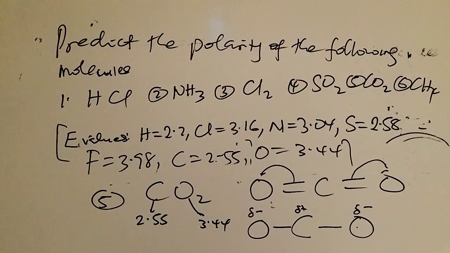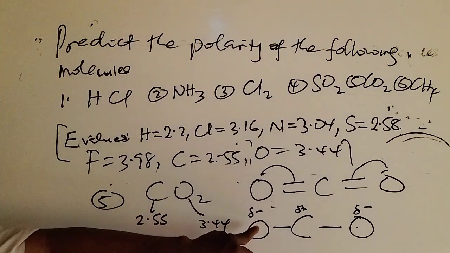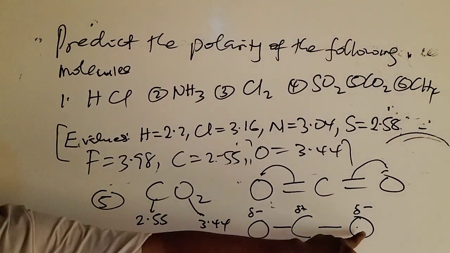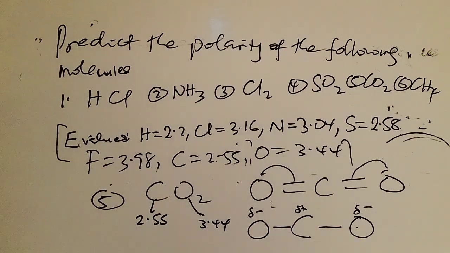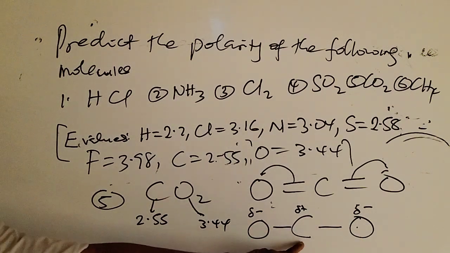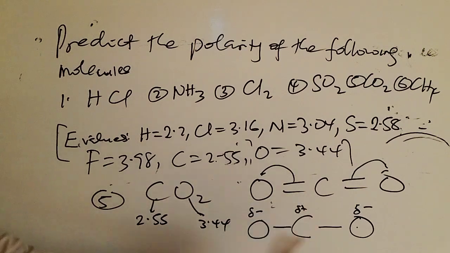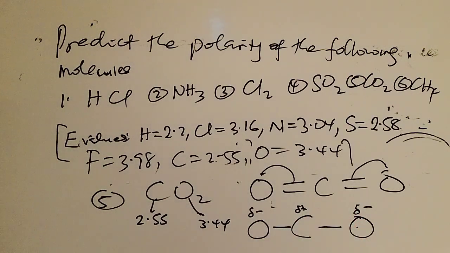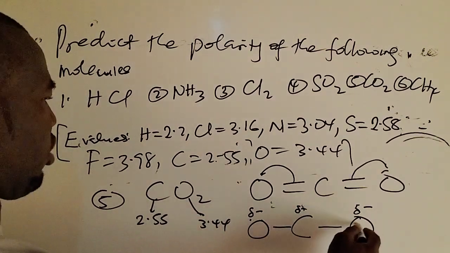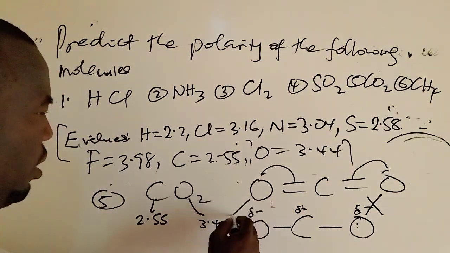Look at the CO2, you see two atoms of the same kind, the same electronegativity, facing each other. And the carbon atom at the center has no lone pair. I come again. Look at CO2. You see two similar atoms opposing themselves, having the same charge. And then the central atom, most importantly, has no lone pair. That means the dipole moment of these two atoms will cancel each other.